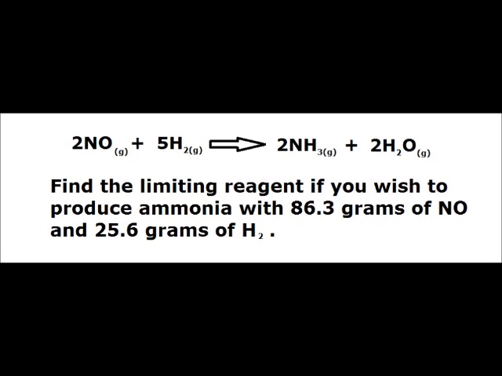To start, I want you to find the limiting reagent if you wish to produce ammonia, so NH3 is what's of interest here, with 86.3 grams of nitrogen monoxide and 25.6 grams of hydrogen gas. So go ahead and pause the video and attempt to solve which one the limiting reagent would be, and I'll put up the answers here in a minute.